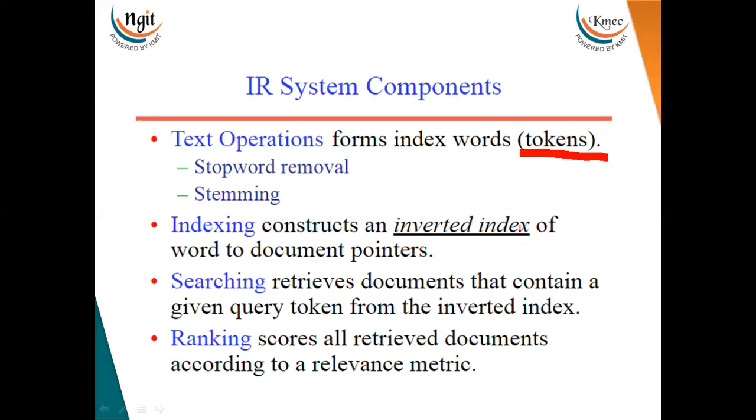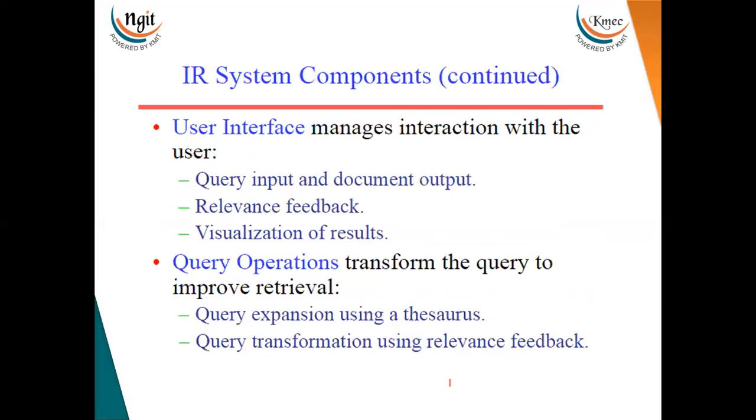Here the indexing that we are using is the inverted index. We will learn in upcoming units what an inverted index means. Then you should be able to search based on this inverted index. How relevant the searched document is to the given query will be decided by a relevance metric. Then the document will be given to the user.